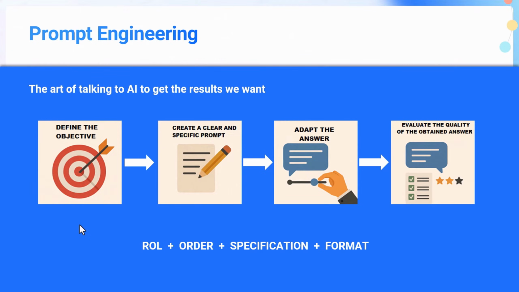For example, this part like a role, order, specification, and format is very important when we create our prompts. We need to give a role. For example, instead of asking the AI to explain PowerBuilder, you need to be very clear and give a specific role, such as act as a PowerBuilder expert.